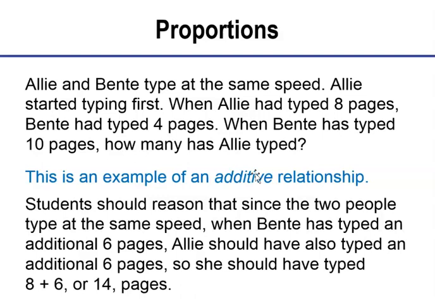Students should reason that since the two people type at the same speed, when Bente has typed an additional 6 pages, Allie should have also typed an additional 6 pages. Again, what's terribly important here is they type at the same speed. So again, Allie got a head start. When Allie had typed 8 pages, Bente had typed 4. So she was 4 ahead the whole time.